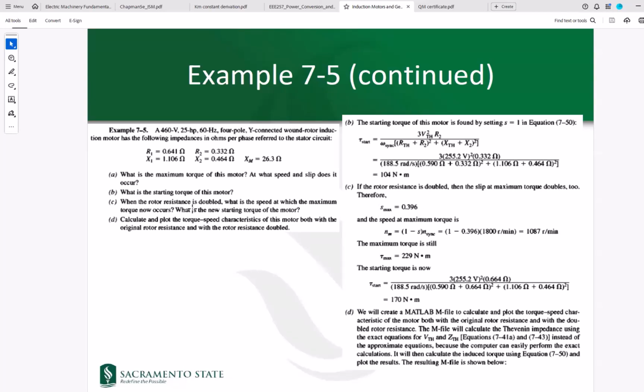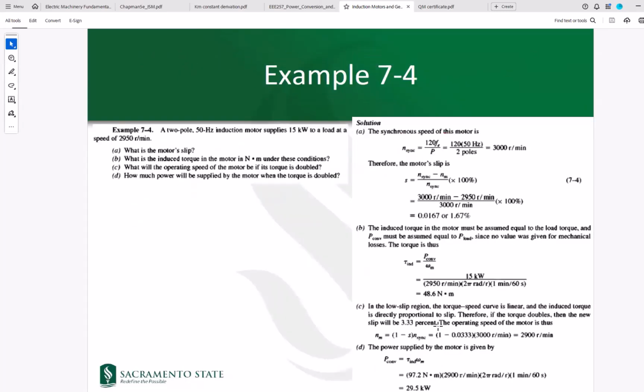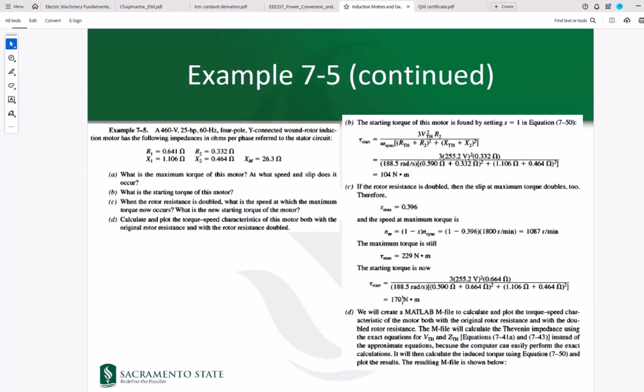Now, with that doubling the resistance of the rotor, if you want to see what is the torque at start, then you would go back again in this equation with slip equal to 1, but your R2 value has now doubled. So you would be able to find out the starting torque in these conditions. It's here. So the start torque now goes to 170 from 104, which is a higher torque.